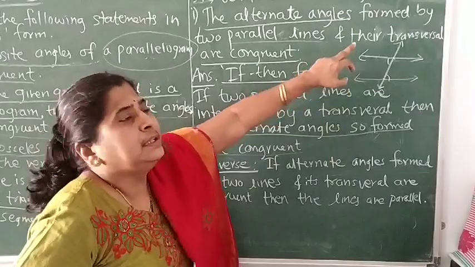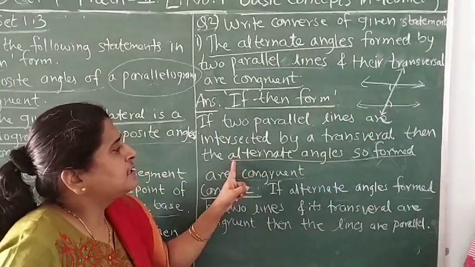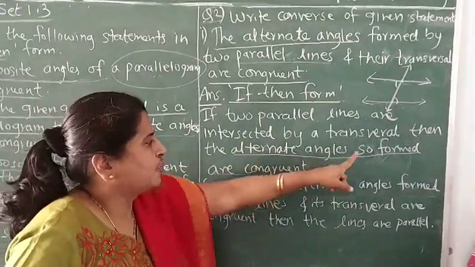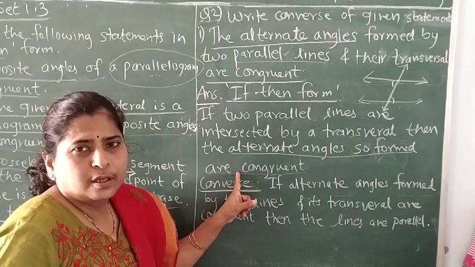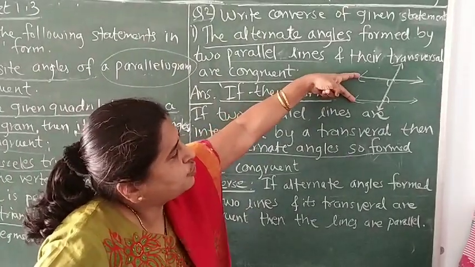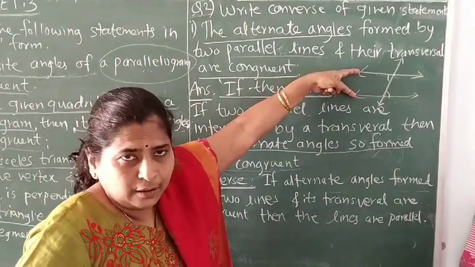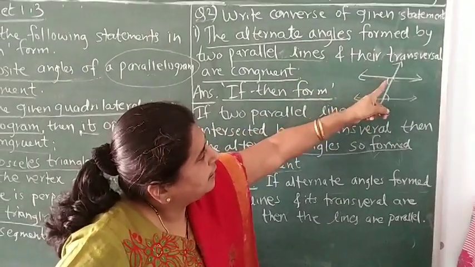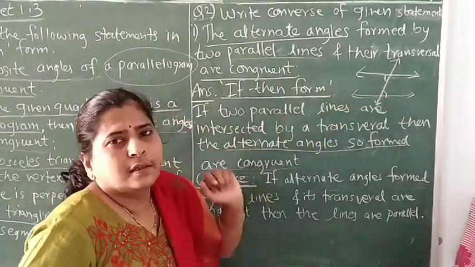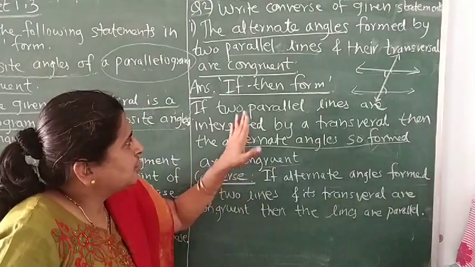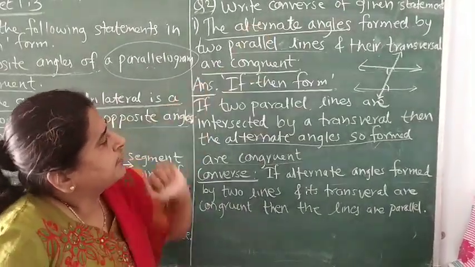So the condition is: if two lines are parallel and we have a transversal, then the alternate angles are congruent. This is the if-then form of the given statement.